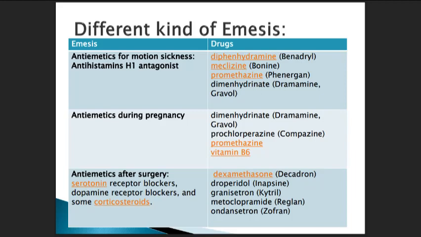Why? Because if you check the previous note, there are vestibular pathways which have M1 and H1 receptors. So emesis resulting from motion sickness or trembling can be controlled by giving anti-emetic H1 receptor antagonists.